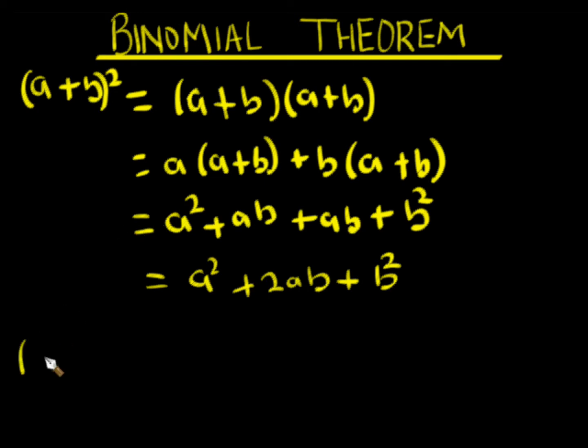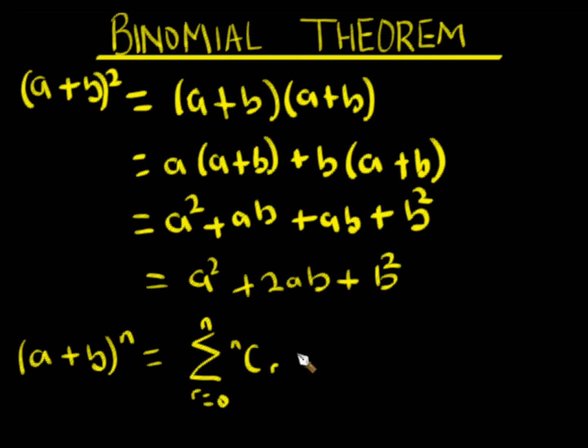If we're given (a + b) raised to power n, whereby n is a positive integer, the formula would be the summation from r equals 0 up to n of n combination r, multiplied by a raised to power n minus r, multiplied by b raised to power r.